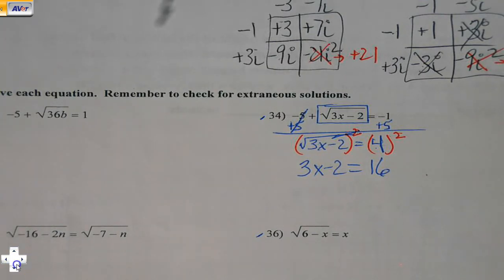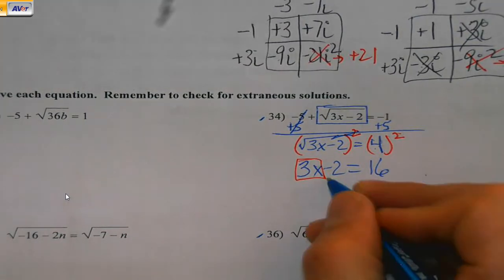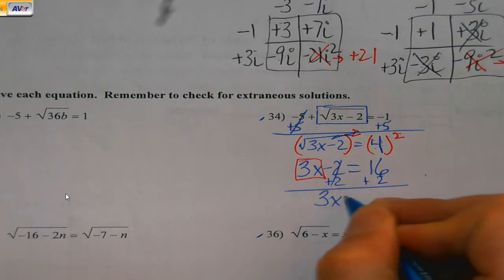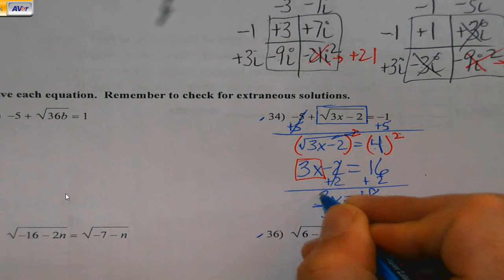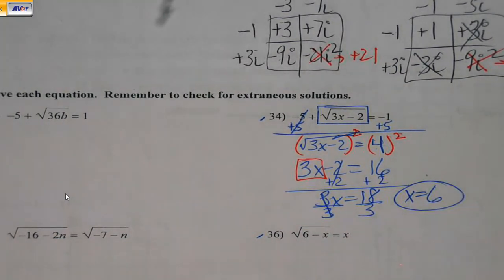So my next job is to get my 3x by itself. I'm going to add our 2 and divide by 3. And again, most of the time with one solution, you're not going to be in any danger. So we'll just go ahead and leave it that way.